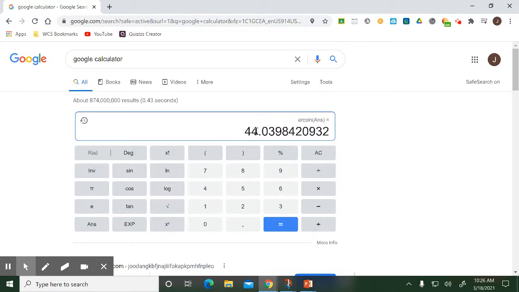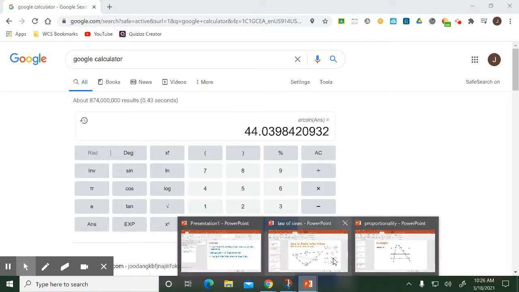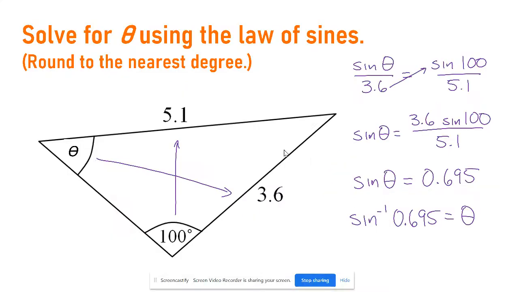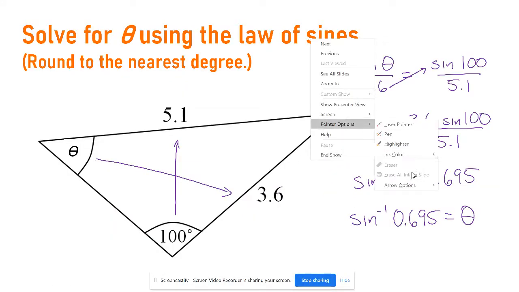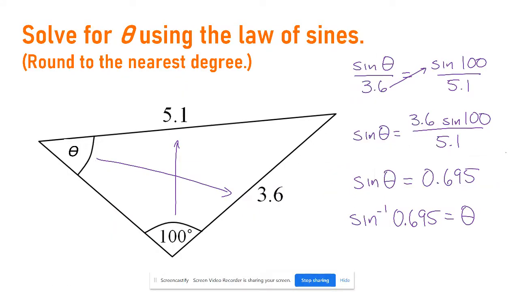And so it gives me 44.03, etc. This one rounded off to the nearest degree, so it's going to be 44 degrees. So I'm going to go back to my problem here. And so my angle here is 44 degrees.